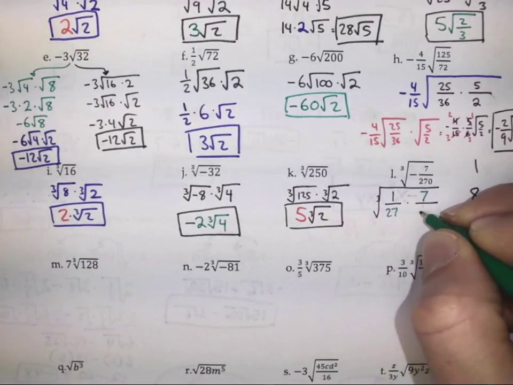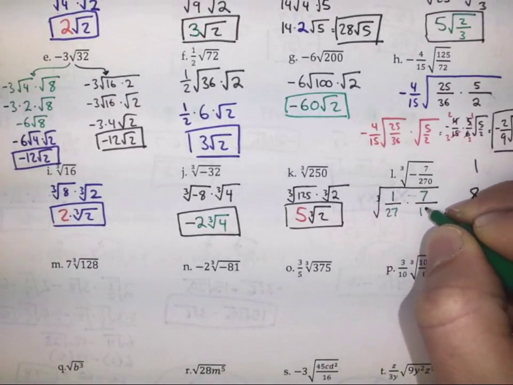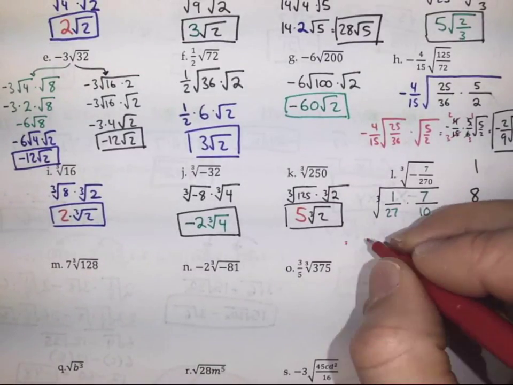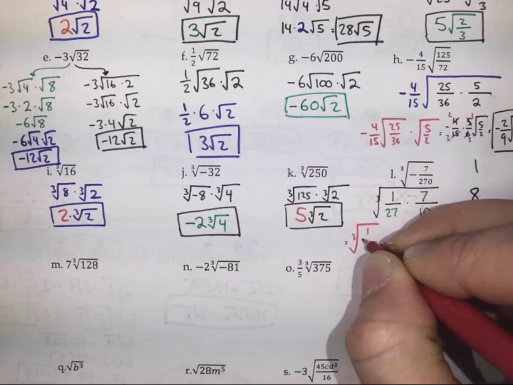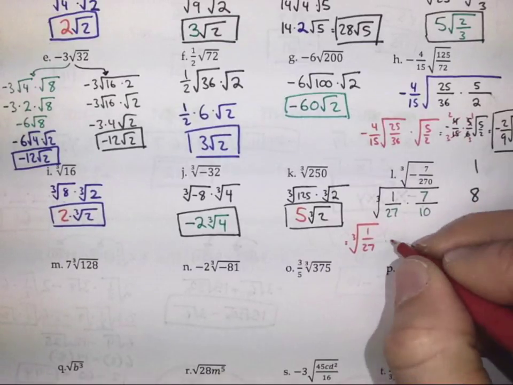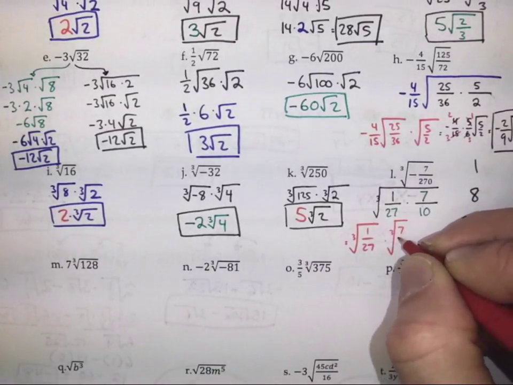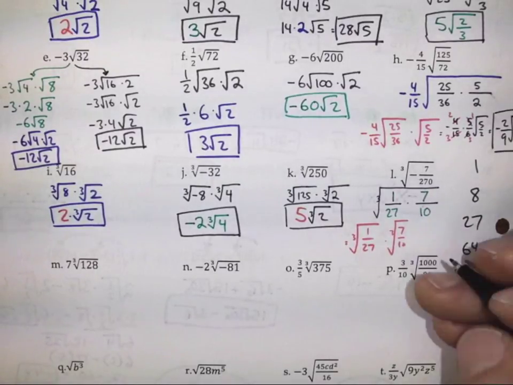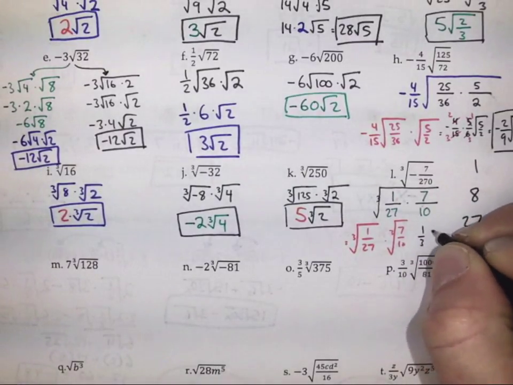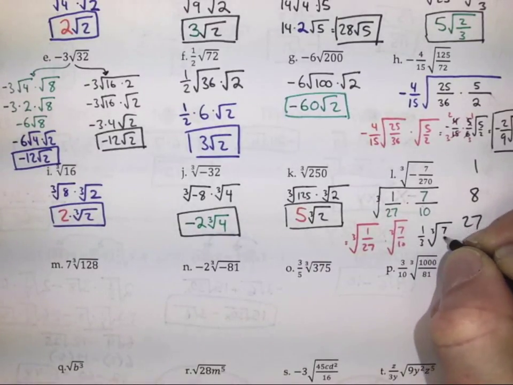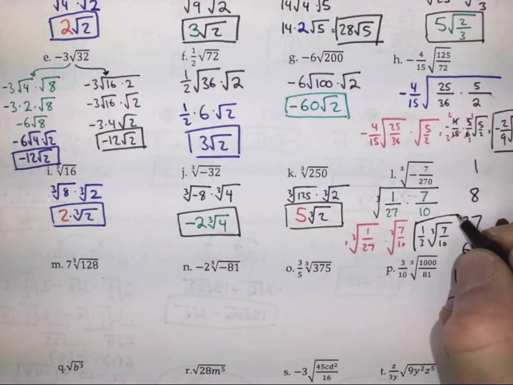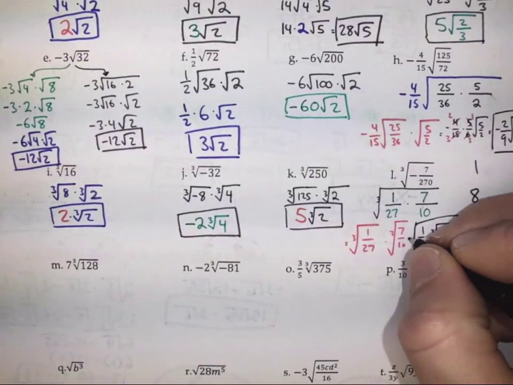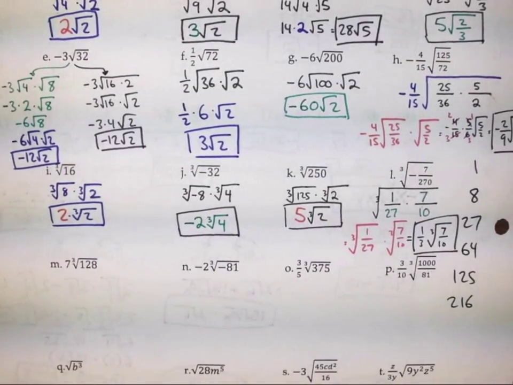That's 27 times 10. So the whole thing can be rewritten as the cube root of 1 over 27 times the cube root of 7/10. And if I cube root that, that's really going to give me 1/3. This is 1/3 cube root of 7/10. We put equals there to make it a little separated.